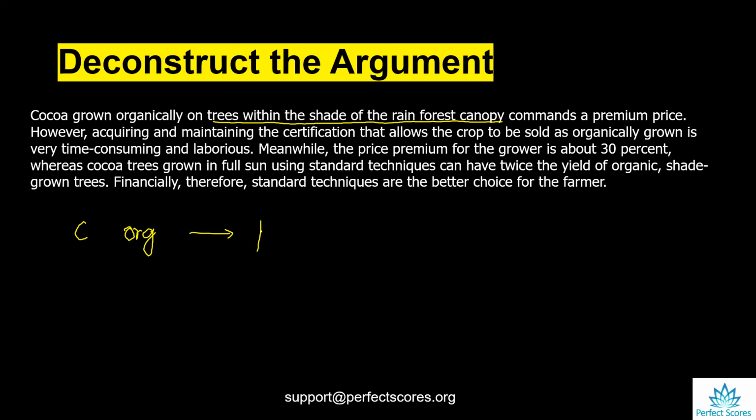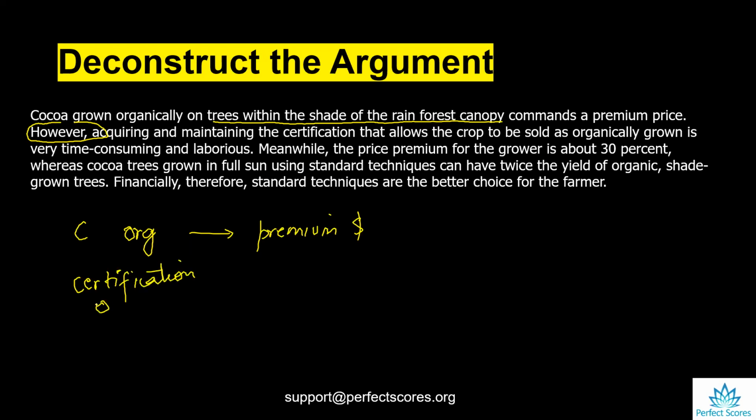So this commands a premium price. Now the next sentence, however, so be very careful about these words because you change the direction. However, acquiring and maintaining the certification. So now we are talking about the certification that allows the crop to be sold as organically grown.